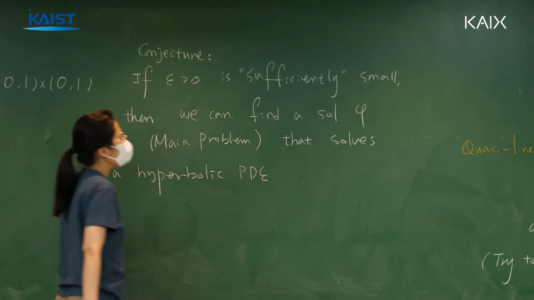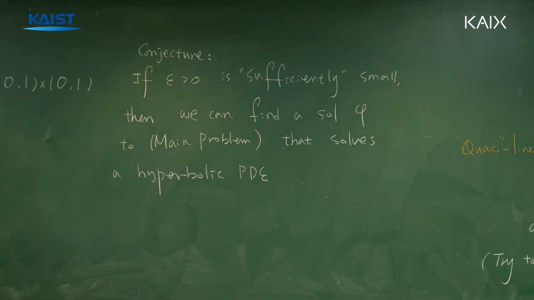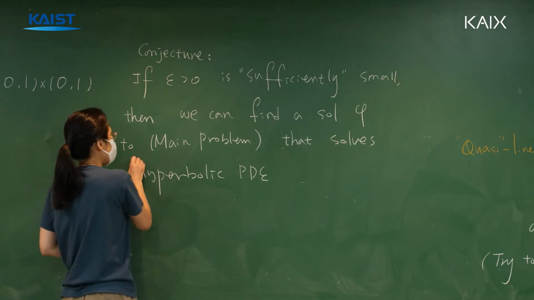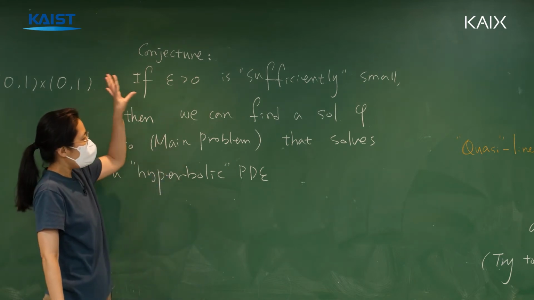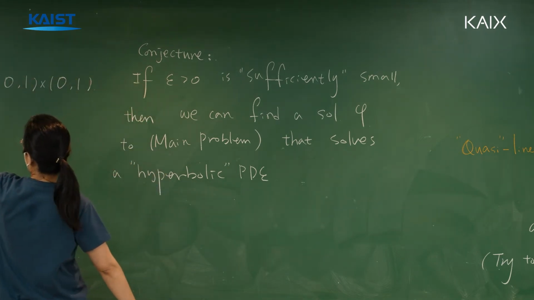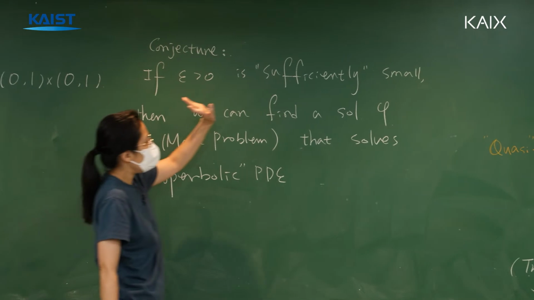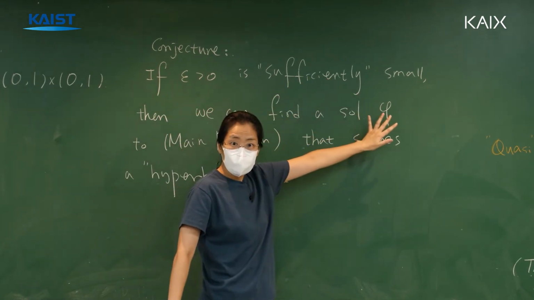Of course here I need to tell you what I mean by finding a solution that solves the hyperbolic PDE. What this means is that once we solve the problem, we are going to check the sign of the determinant, right?